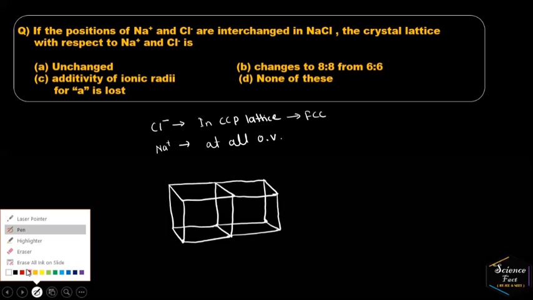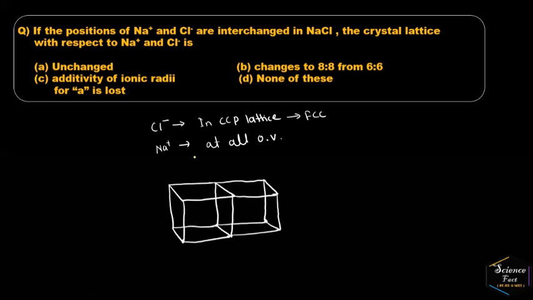Let's suppose that Cl- is represented by a yellow sphere. So Cl- is present in the CCP lattice, that is why all corner atoms contain Cl-, and all face center atoms or ions will be Cl-: back face center, front face center.